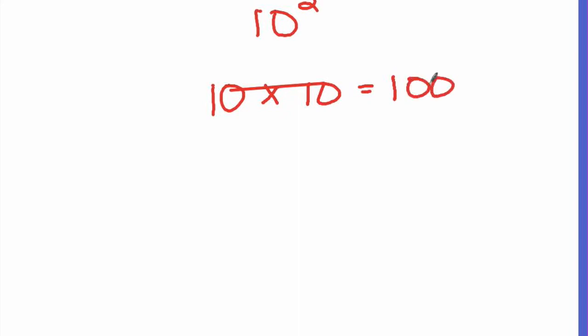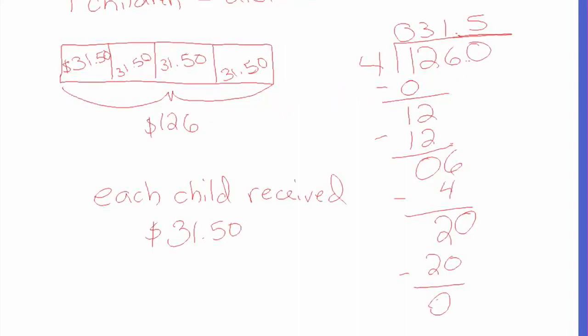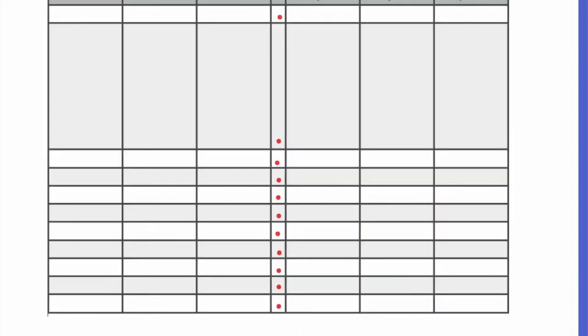So let's look at this. And we said that 10 to the power of 0 is 1 because there's no zeros.